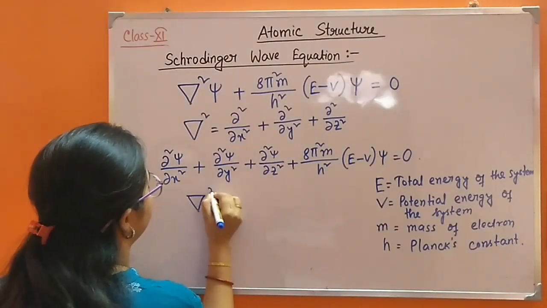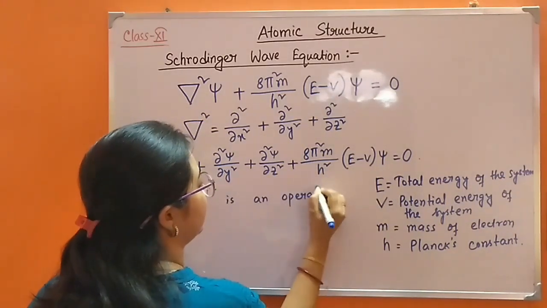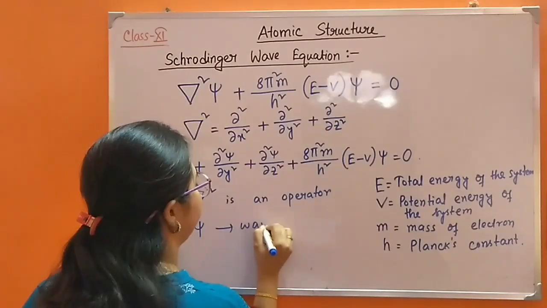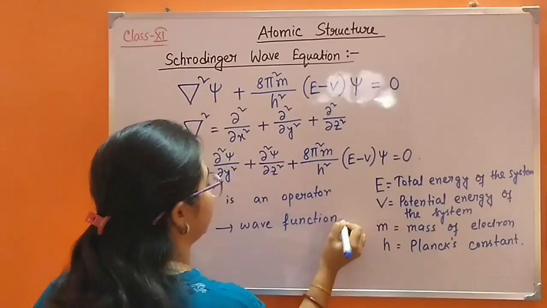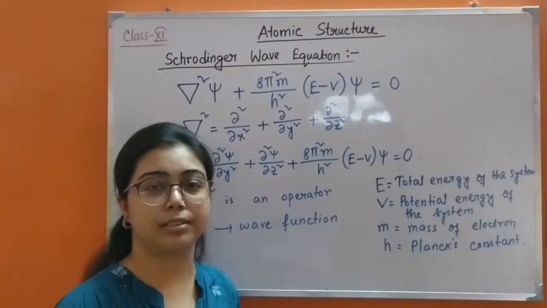Del square is an operator and psi is wave function. So, this is the Schrödinger wave equation.